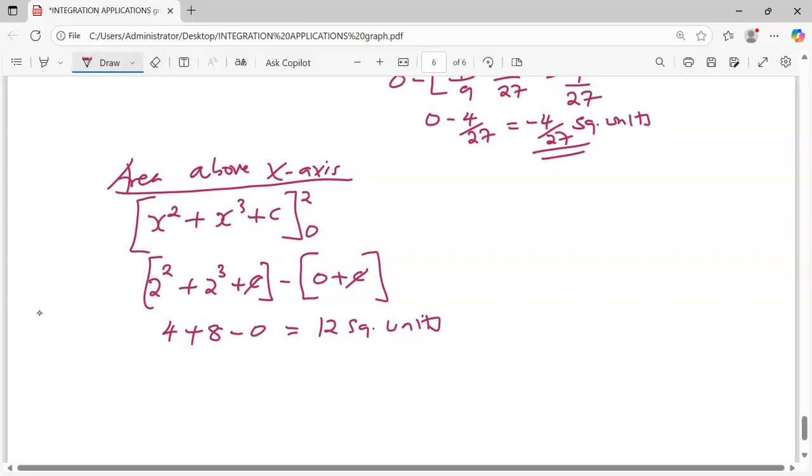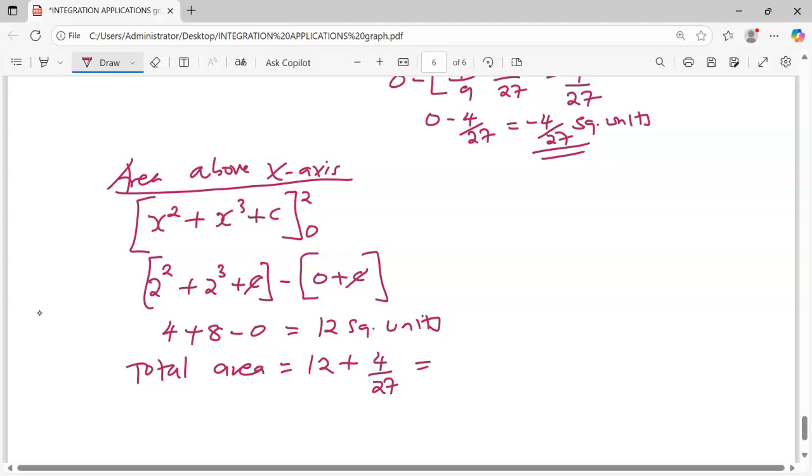12 square units as the area of the region above the x-axis. Once we have done that, we can now get the total area, and the total area would be the area below the x-axis and also the area above the x-axis. The area above the x-axis is 12 plus the area below will be 4 out of 27.